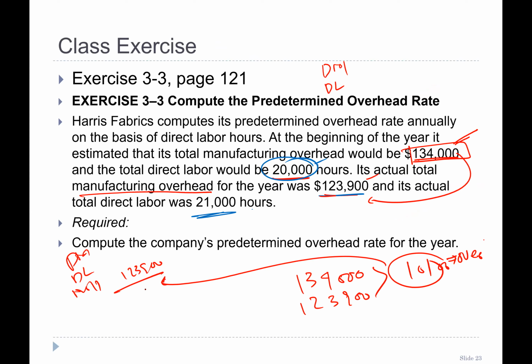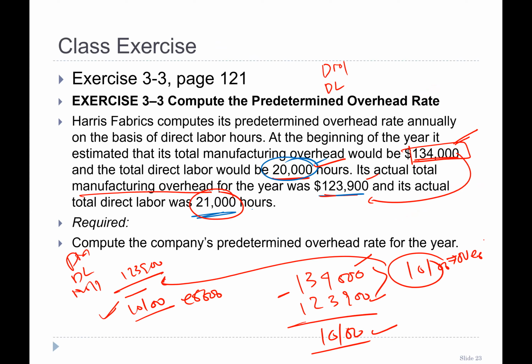And whatever number comes here, we less 101,100 from here. So that number is erroneous. Why? Because we cannot just less these two numbers, because this amount is based on 20,000 and this amount is based on 21,000, right?